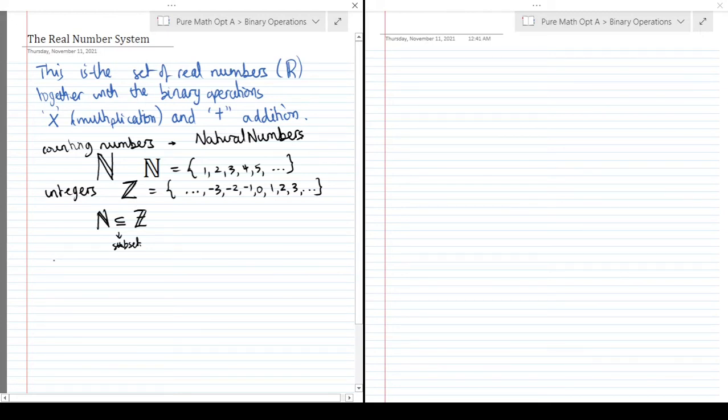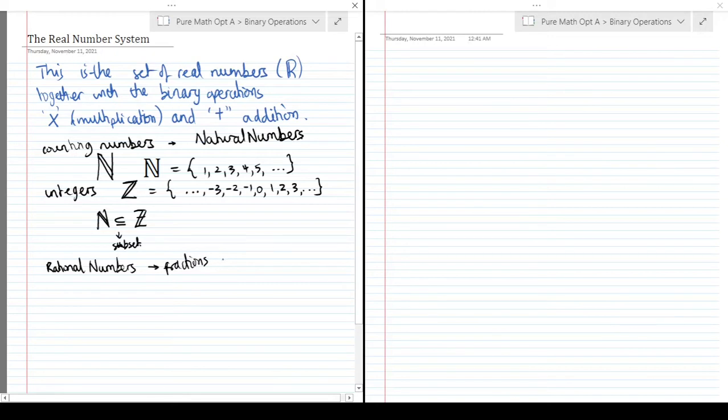Now, there is a number set that includes the integers, and these are what you call the rational numbers. So the rational numbers are basically the set of fractions, right? Now, of course, whole numbers, positive, negative, whatever, all of them could be expressed as fractions in any case, right?